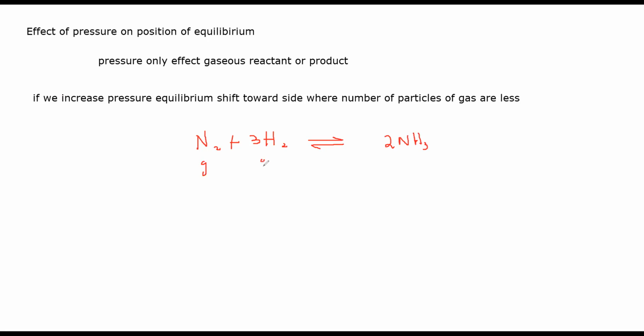Nitrogen is a gas, hydrogen is a gas, ammonia is also a gas. How many particles are there on the reactant side? 3 particles of hydrogen and 1 particle of nitrogen. So the total number of reactant particles is 4.